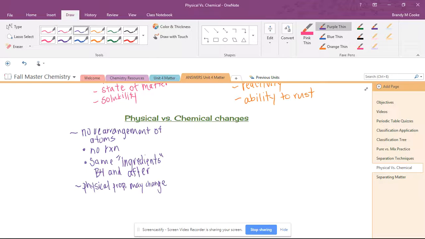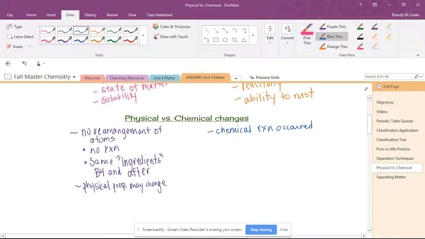All right, so now let's talk chemical changes. A chemical change means that a chemical reaction occurred. I think that I spelled occurred wrong, so just ignore that.